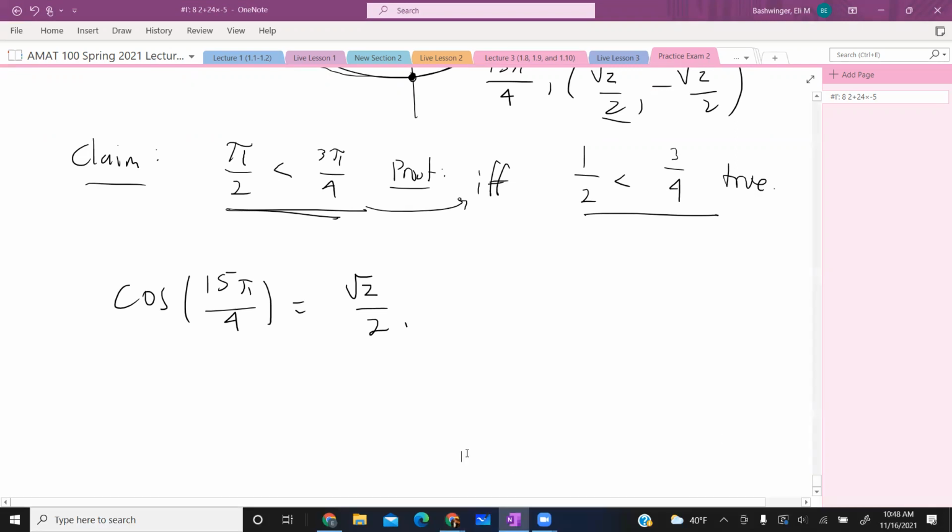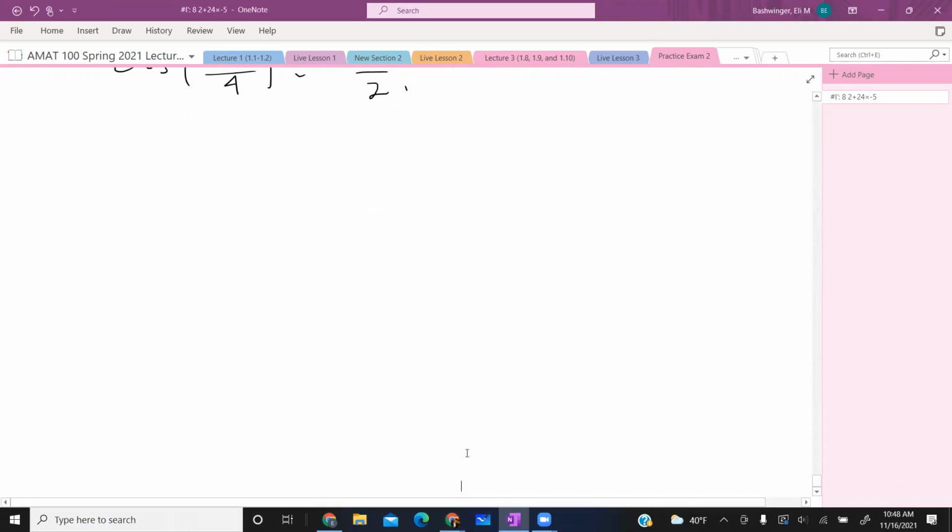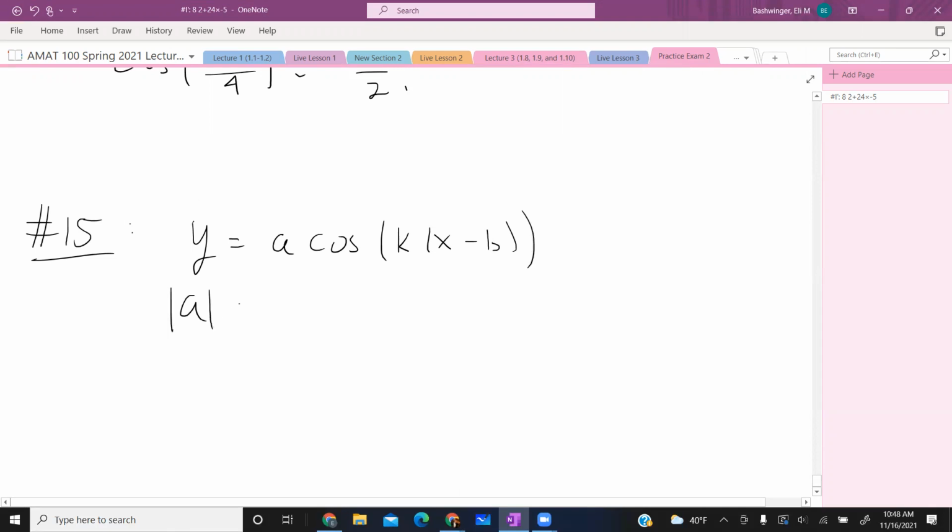So let's move on to the last few problems. The last 2 problems are graphing. So for 15, we need to remember the general form of a cosine curve. So the general form is the following. It's a times cosine of k times x minus b. The absolute value of a is the amplitude.